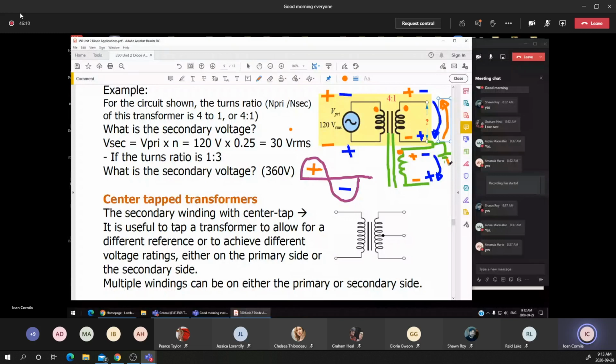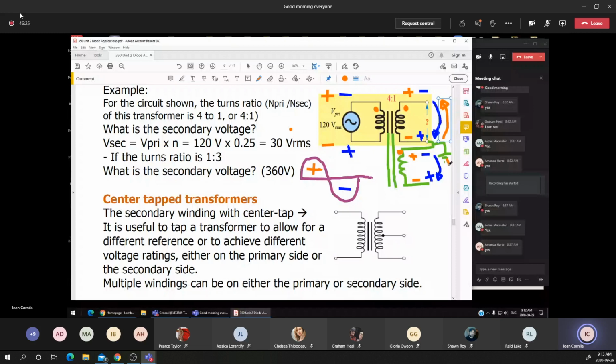Here you go. Now we have the two halves of the sine wave, which is actually reflected on the secondary winding with respect to ground.